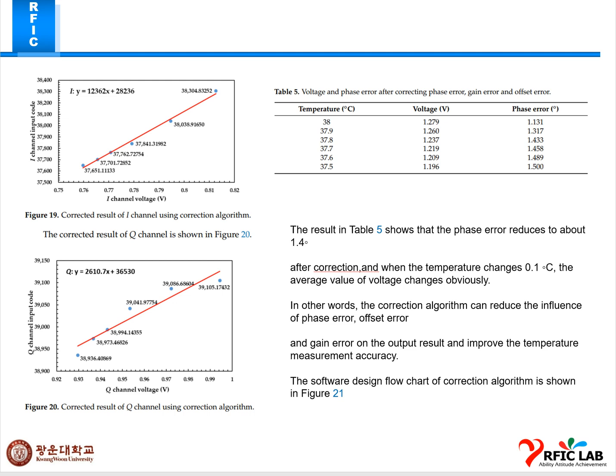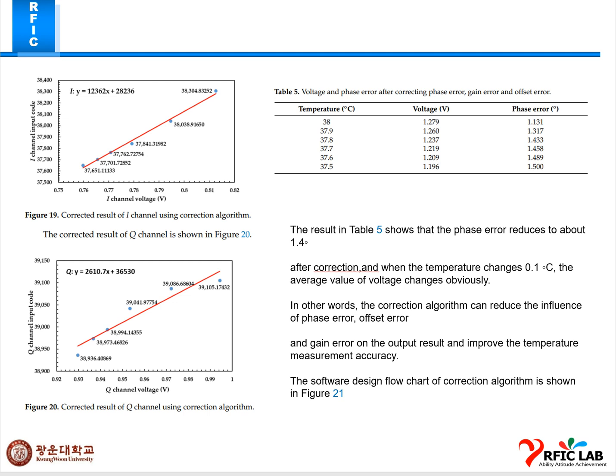The next figure shows the result corrected using the same correction method. We calculated the Q channel also using the correction algorithm. This voltage and phase error table was made using the max and min correction algorithm.